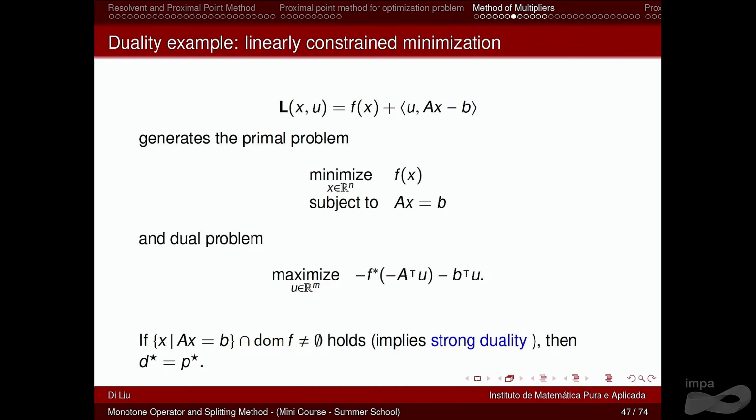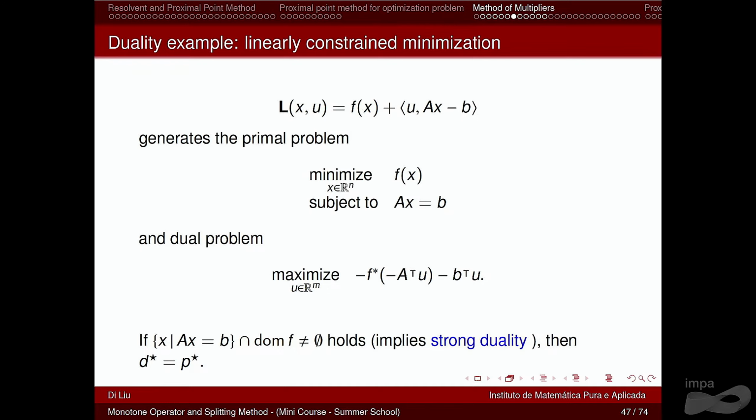And if we take the infimum of this part in X, we get this minus f star, which is the conjugate function, and minus this term. We just take the infimum in X of this part, and then we maximize this infimum, which is the dual problem, max in U.